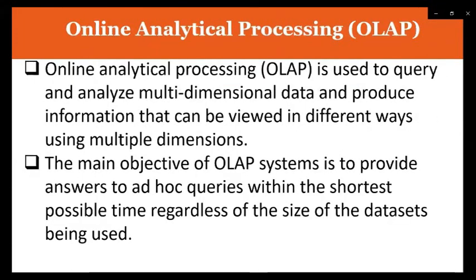And the last one is online analytical processing, or OLAP. It is used to query and analyze multidimensional data and produce information that can be viewed in different ways using multiple dimensions. And the main objective of OLAP is to provide answers to ad hoc queries within the shortest possible time, regardless of the size of the datasets being used.